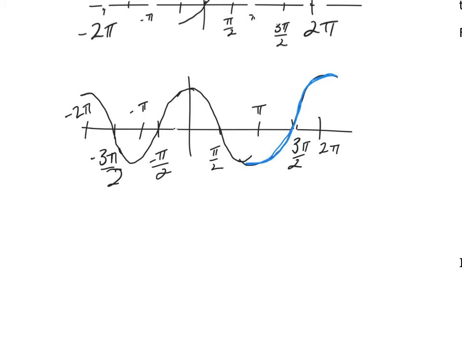So Lauren, where do you think I want to cut this so I get every possible output value? And it has to pass the horizontal line test. It's okay, you don't know. If you did know, what would you say though? Tell me where you want to cut it. Tell me what you'd like to cut it at.